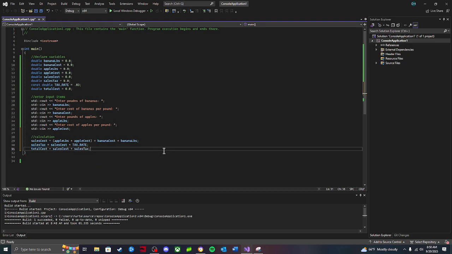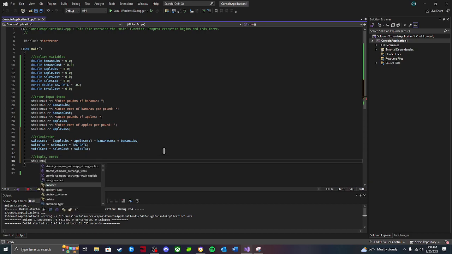Alright, so that's our calculation on how we will do it, and then we will finally display costs. So standard cout total cost with taxes.